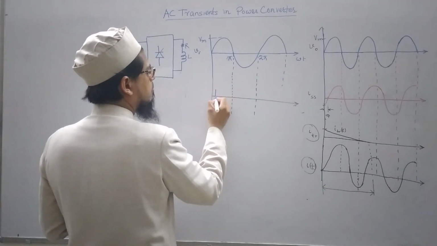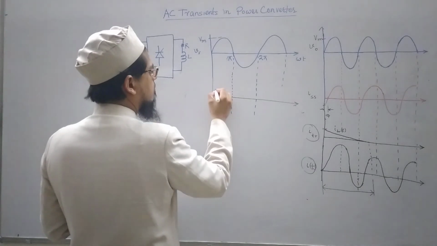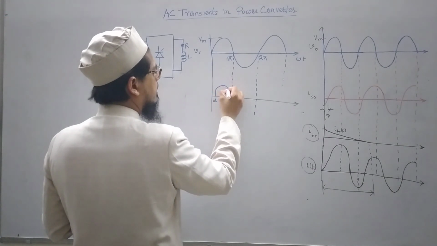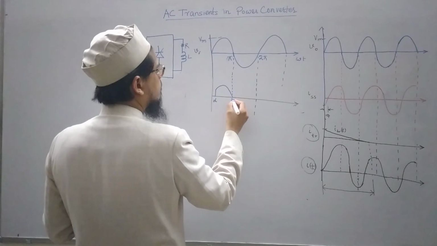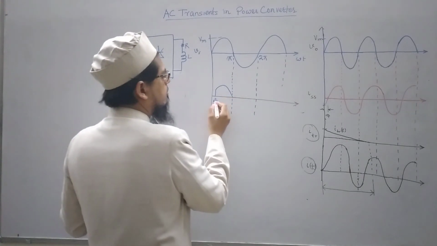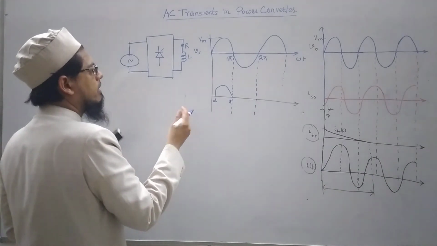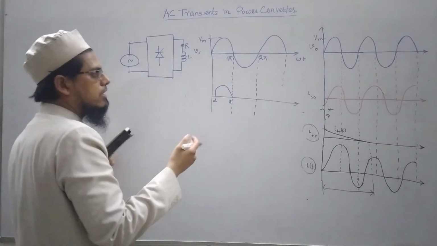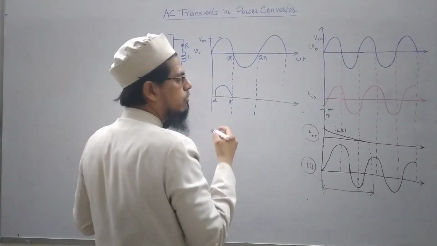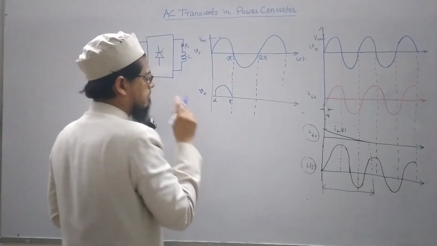Let me assume that we are firing the SCR at an angle alpha. So after alpha until pi, and as long as the circuit conducts, the output voltage and input voltage would be the same.